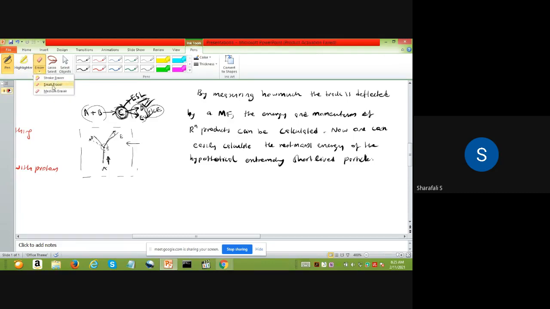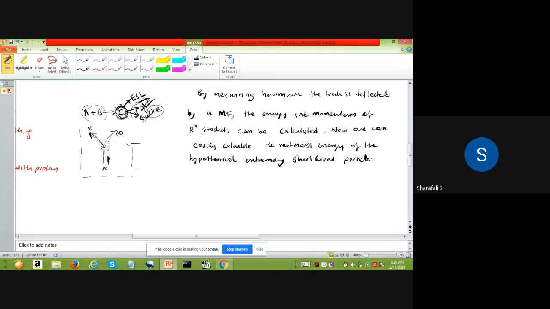In this interaction, if you are getting the track of D and E always the same, if you take n number of photographs and observe the tracks of these decay products E and D, which are the same in all the photographs. If you are applying some magnetic field, the track will be shifted, and that is also the same in all the photographs.